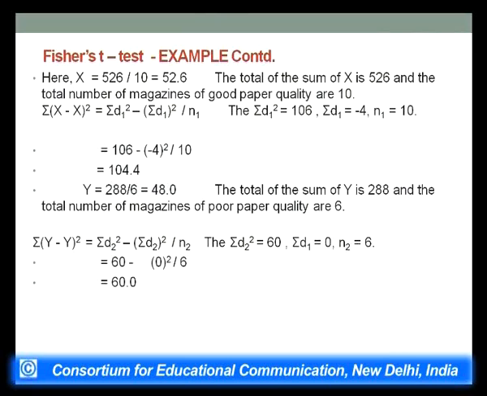Never forget, X is good paper quality magazine. Then we use the same formula and work it out; in the case of X it is 1.4 and total, then in the case of Y it is 48, and in the case of total working out it becomes 60.